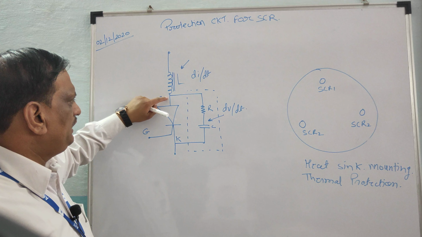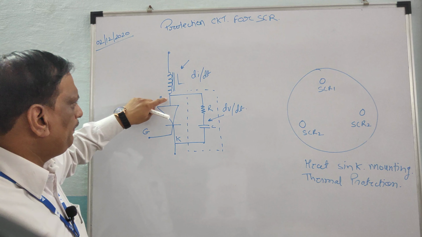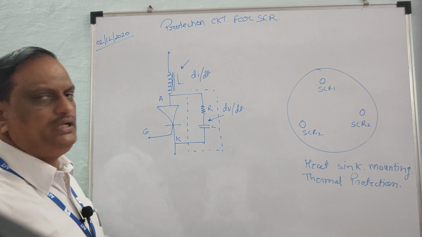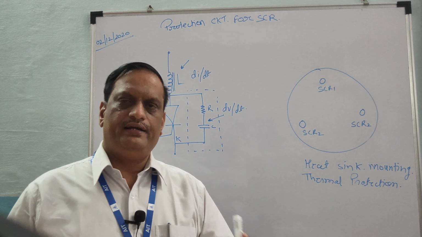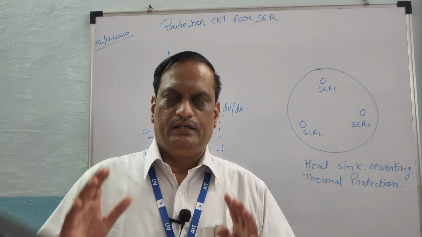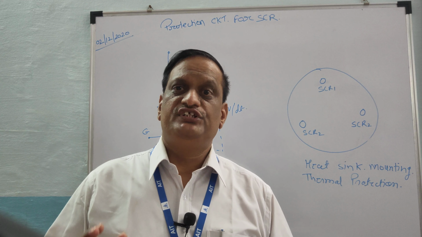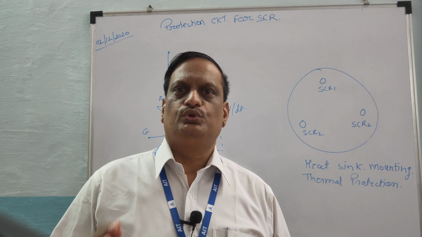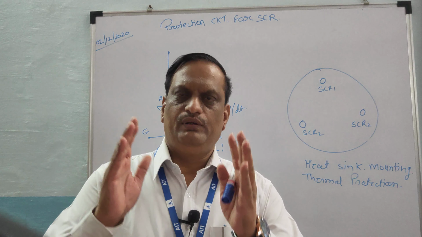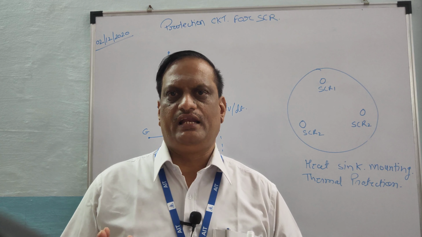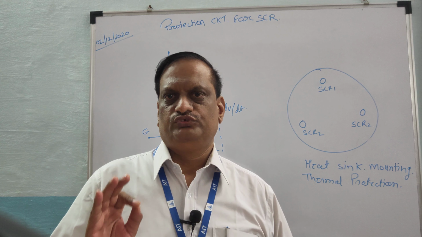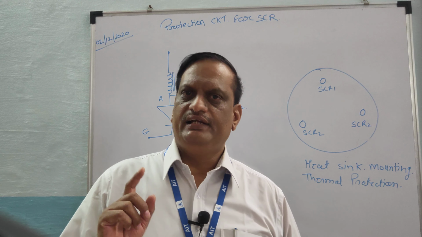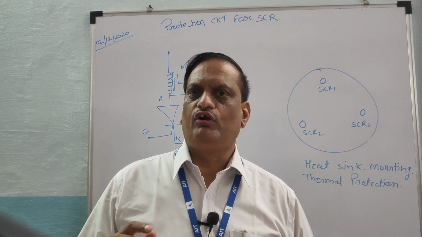The SCR has three terminals, anode, cathode and gate, and we apply the inductor in series with the anode of the SCR to avoid the unnecessary flow of high current at that instant of time, so that this inductor will protect your SCR from the high current flowing at that particular time. Okay. If this inductor is not present in this circuit, what will happen?